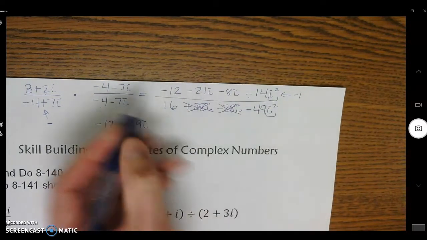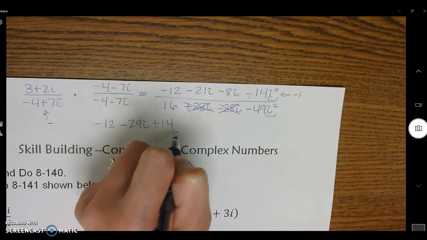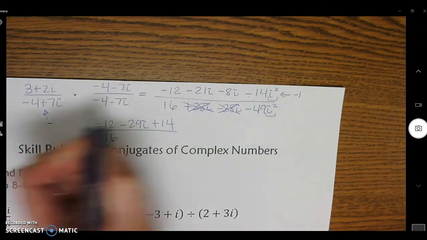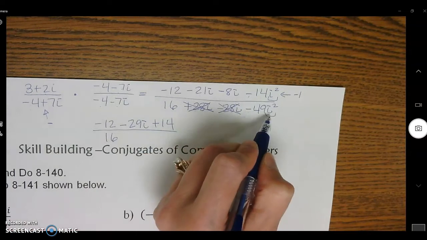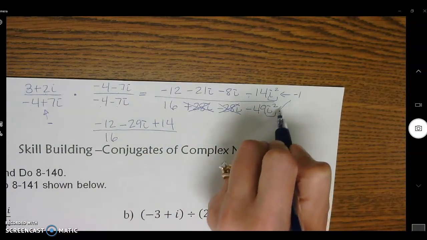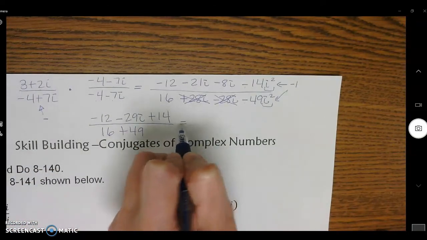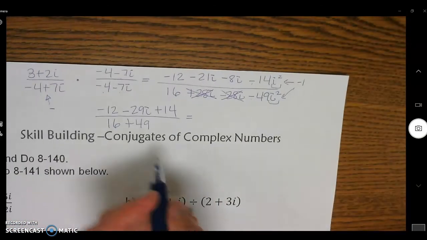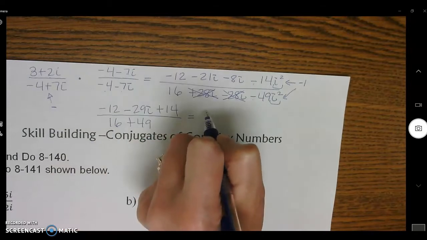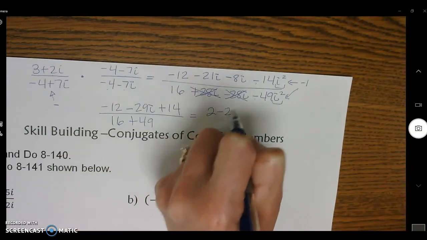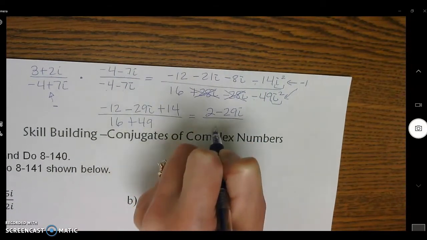So negative 1 times negative 14 is plus 14, all over 16. And again, we got a negative here, and this is negative 1. So plus 49.